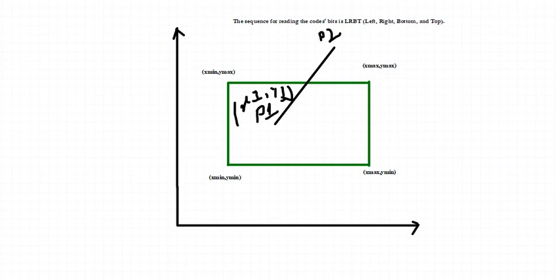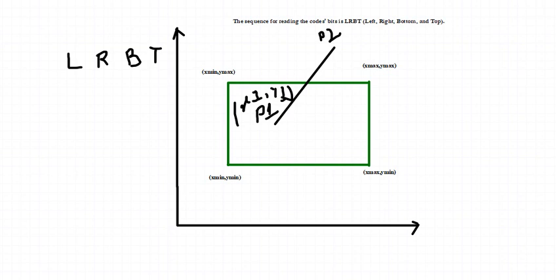Now, the algorithm says assign 1 to L bit. This is going to be a 4-digit binary number.